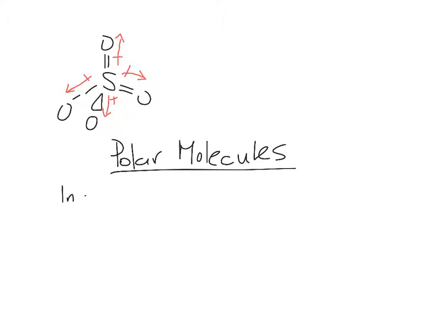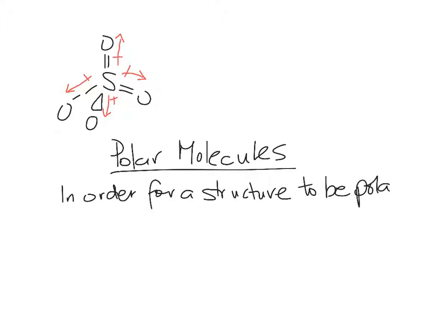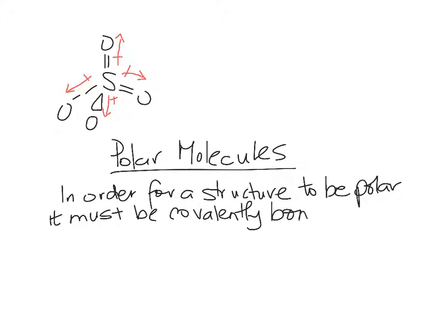In order for a structure to be polar, it must be covalently bonded and have dipoles. If you don't have dipoles, you're not polar at all, okay? Must have dipoles.